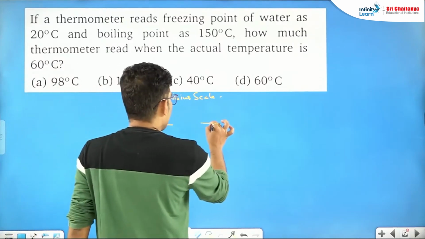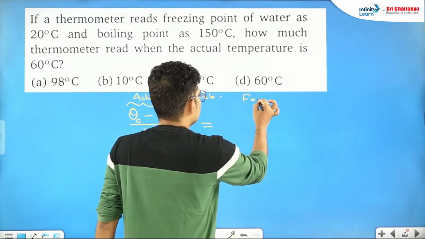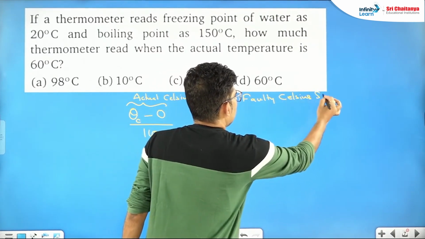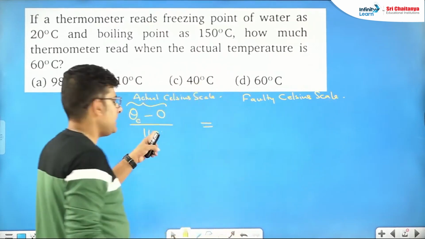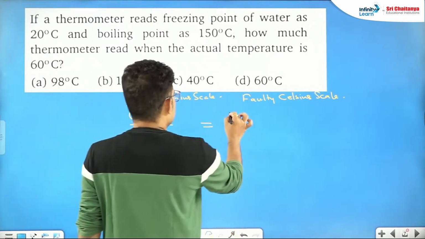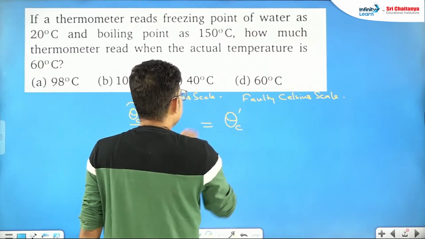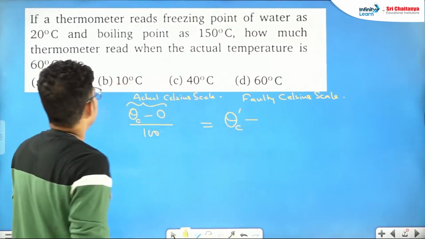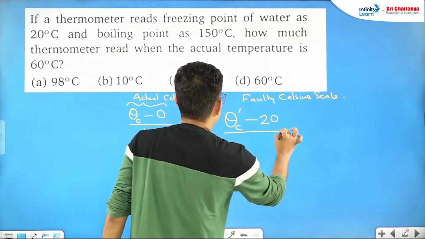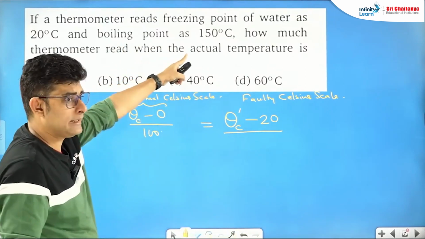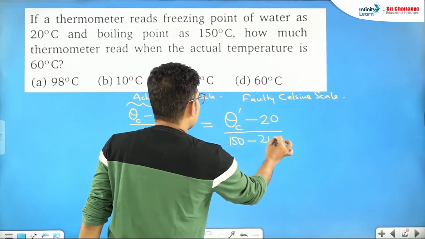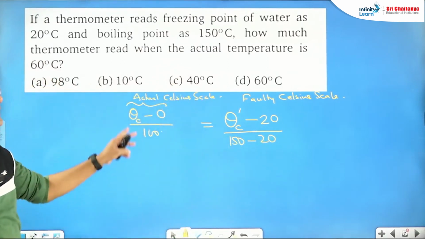But now we have a faulty scale. This is a faulty Celsius scale because they have given other UFP and LFP, but you can still use this. Now in that we take theta c dash minus LFP. In that case, the freezing point of water is taken as 20 and the boiling point is taken as 150, so UFP minus LFP. So this you can use everywhere.